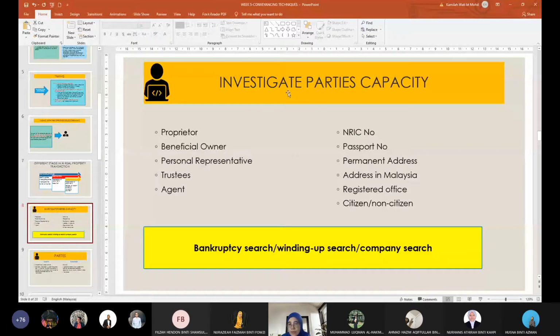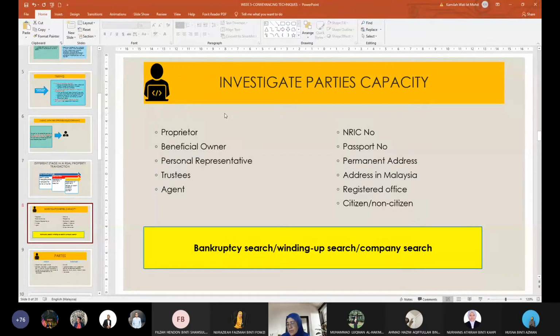Pertama, we investigate parties' capacity. So parties, we are talking when in a sale and purchase transaction, meaning tak kisahlah regardless of whether it is a first hand sale atau sub sale, there are few parties that will come into picture. The words: proprietor, beneficial owner, personal representative, trustees and agent.